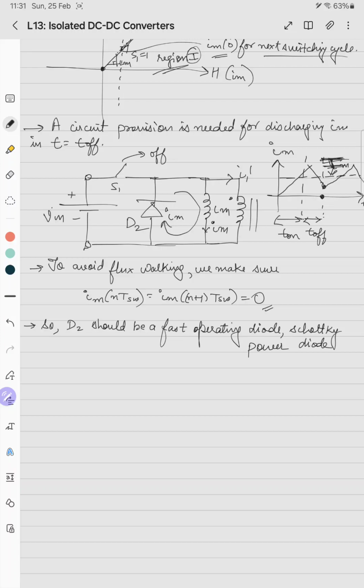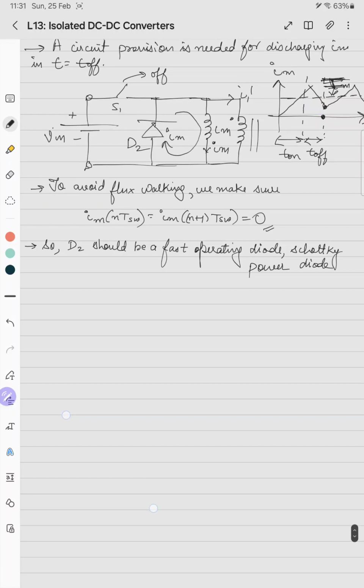So what we do is, this will be costly. So with a normal diode, we add a Zener diode to make IM equal to 0 fast.